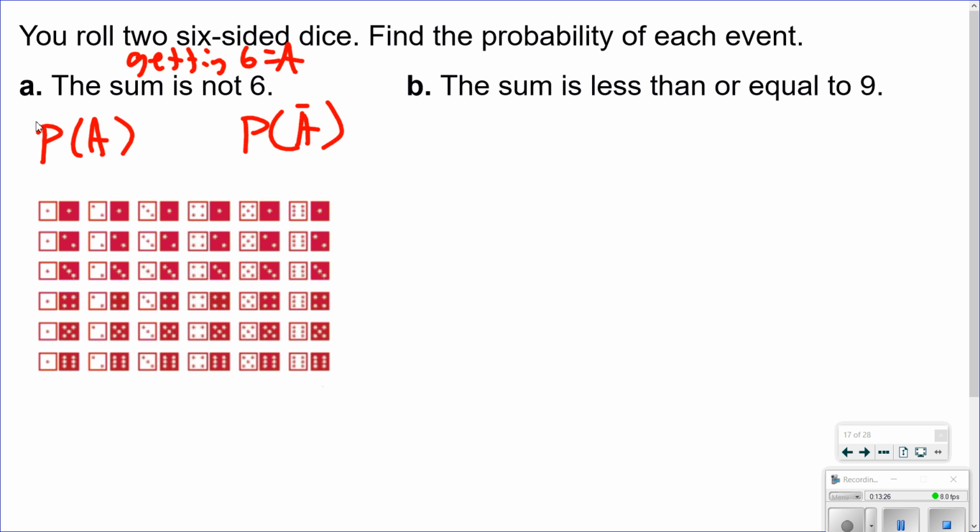So you can do this either way. You can just find the probability of not getting a 6. I'm actually going to start by finding the probability of getting a 6, which I'm calling event A.